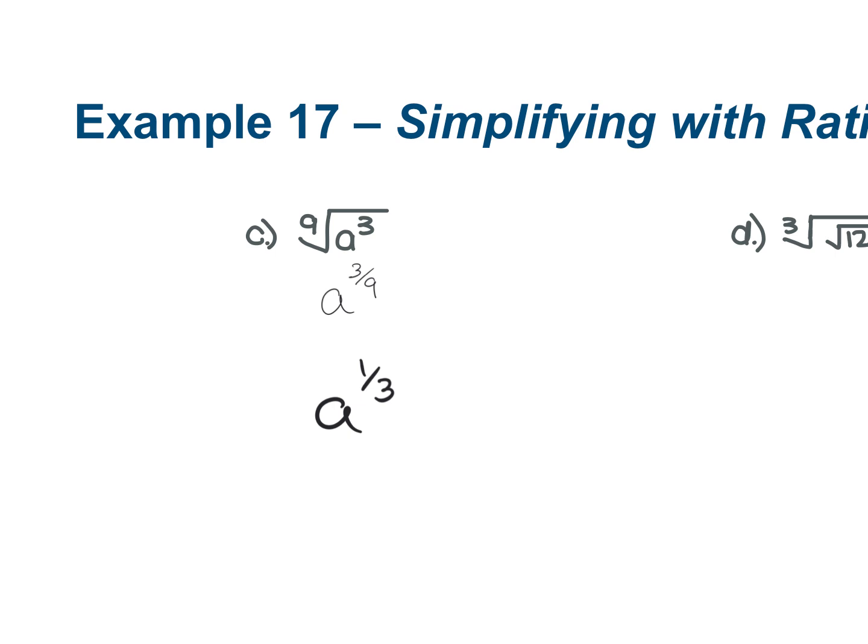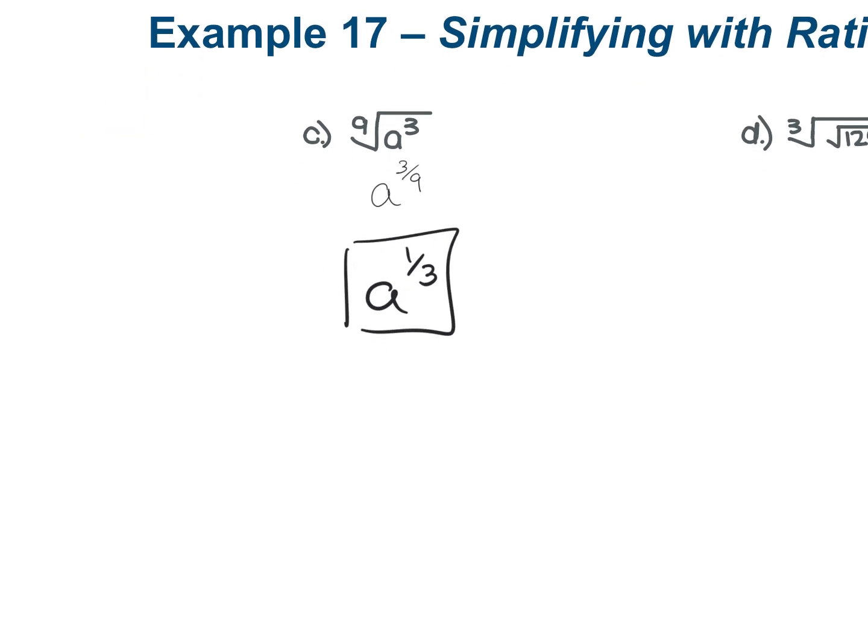I just simplify that exponent into a third, and this would be your final answer. If you want to rewrite it as the cube root of a, you can, but you can also leave it as a with the exponent as a fraction, and that's fine.